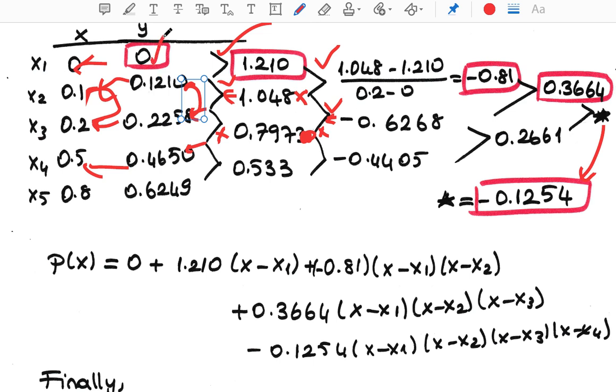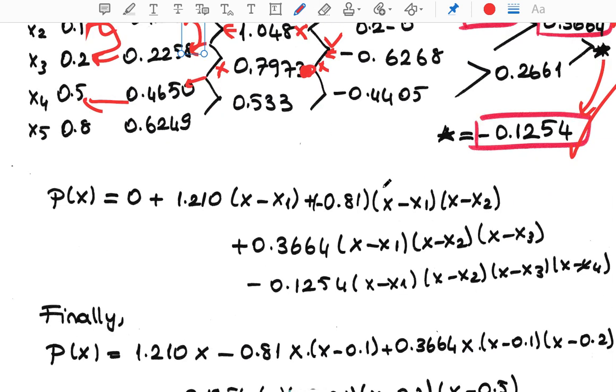This is my first column, and I'm choosing first column, first row. This is my second column, first row. Third column, first row. Fourth column, first row, and fifth column, first row. Then I'm choosing all these points. It means 0 plus this is a1, a2 times x minus x1, a3 times x minus x1 times x minus x2, and so on.